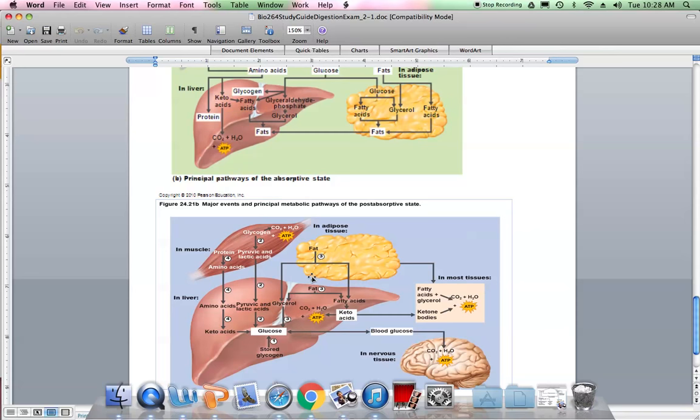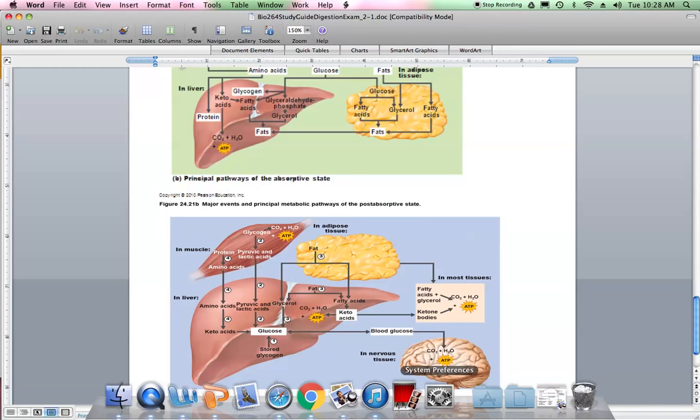So this would be when you're not eating for a day or two and you're still expending energy. So your glycogen stores have been exhausted, and now the body will move toward the adipose tissue and start breaking it down. And what that does is it yields fatty acids and glycerol. These are the building blocks. I don't know why that's shaking. But anyway, these can actually be used for energy by the brain.